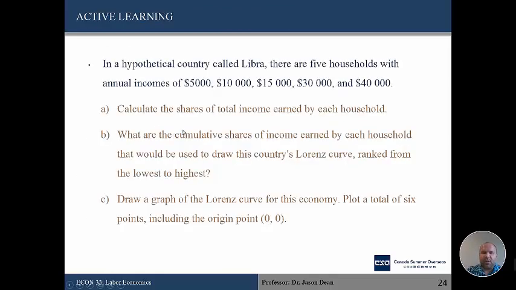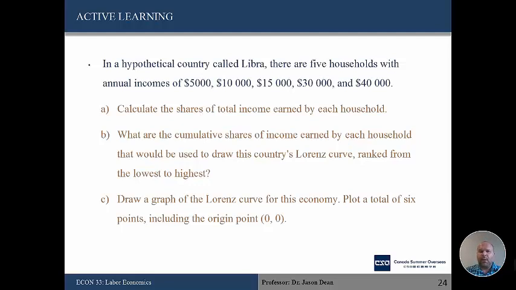So let's do some questions to reinforce the material. Suppose we have a hypothetical country called Libra. There are 5 households with annual incomes of $5,000, $10,000, $15,000, $30,000, and $40,000. We're asked to calculate the shares of total income earned by each household.